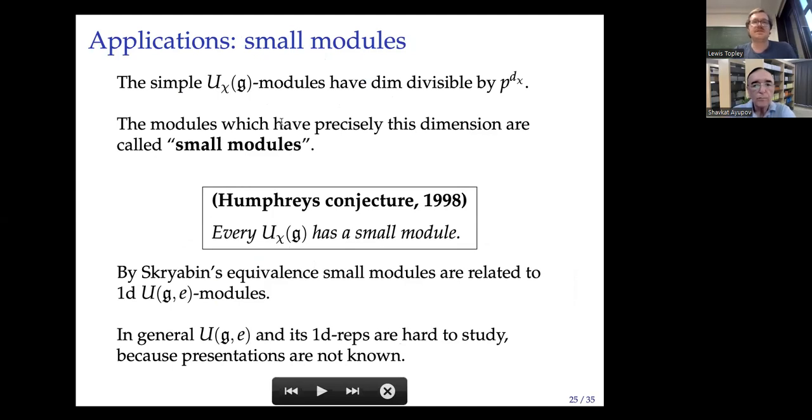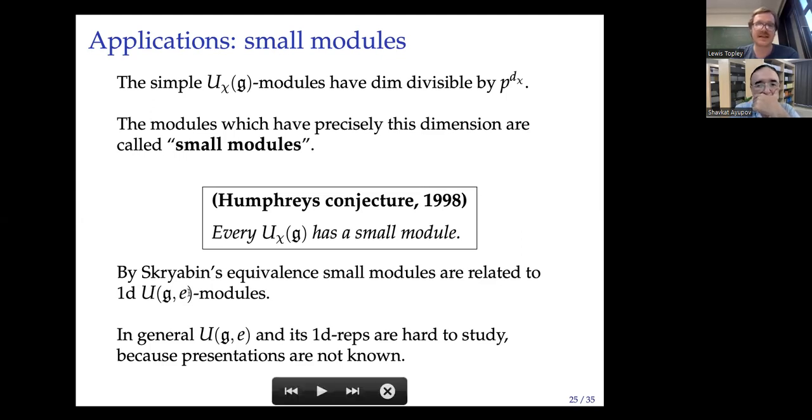Well, the simple modules, we know they have dimension divisible by p^(d_χ). And we say that a module is small if its dimension is precisely p^(d_χ). And in a survey article in 1998, Humphreys conjectured that every U_χ(g) has a small module. So by Skryabin's equivalence, we know that they're related to one-dimensional representations of U(g,e). The relationship isn't quite as simple as it might first seem.